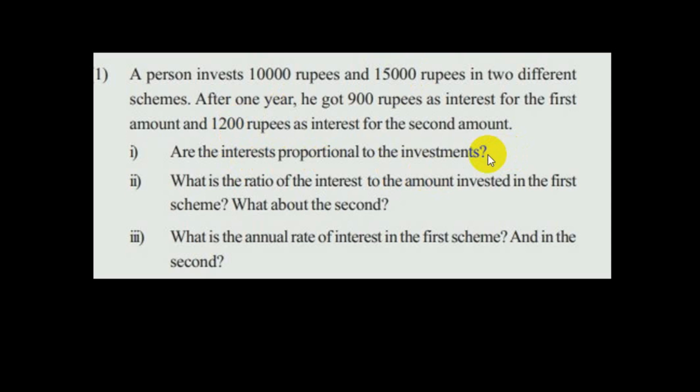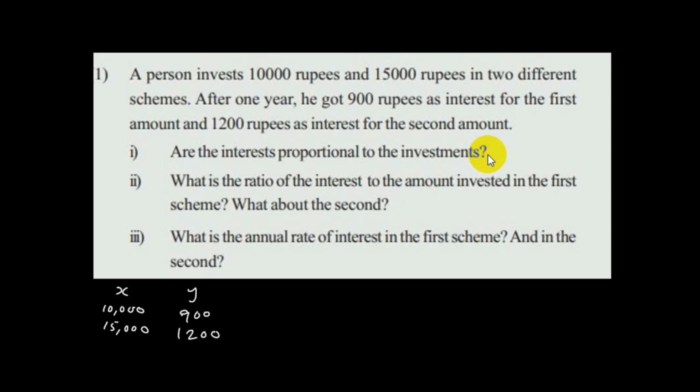Two measures are there here, X measure and Y measure. The X measure, let us consider it as the investment, 10,000 rupees, and next time it is 15,000. Okay, we will suppose one measure by X and the other by Y. The interest amount he got can be supposed as the Y measure, that is, for the first time it is 900, second time it is 1,200.